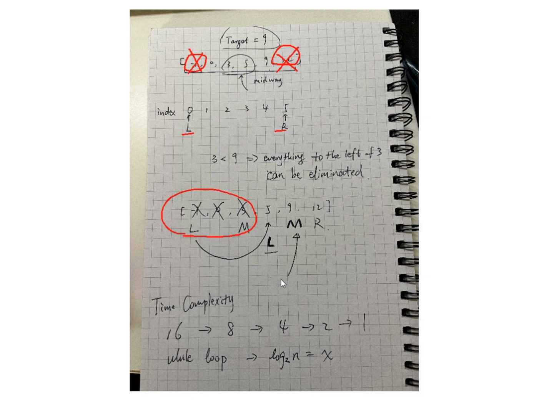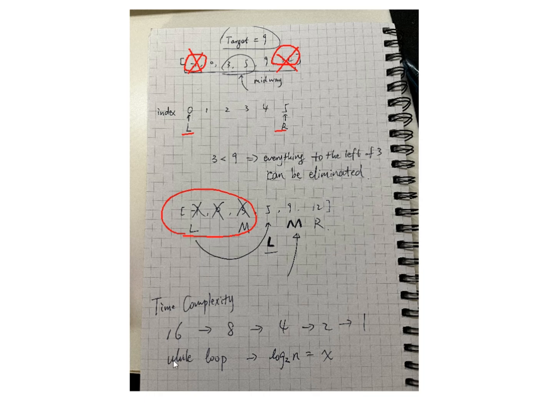Regarding the time complexity, the idea of binary search is to cut off one half of the array and keep the other half to further explore whether there is a target value in the array. So imagine we have 16 elements in the array and follow the idea of cutting off half, and we will have 8, 4, 2, and finally get the base case of 1.